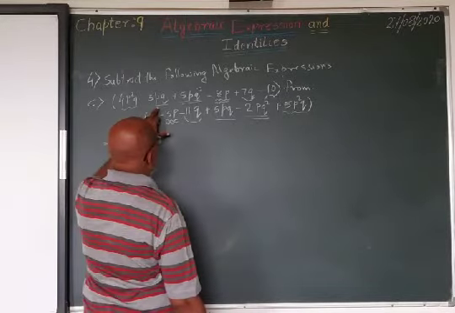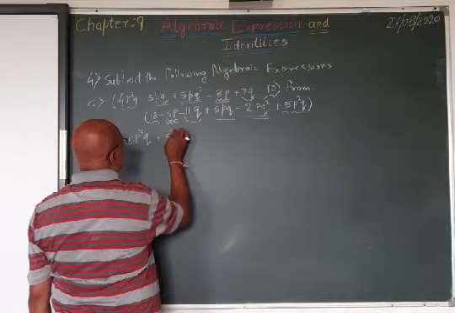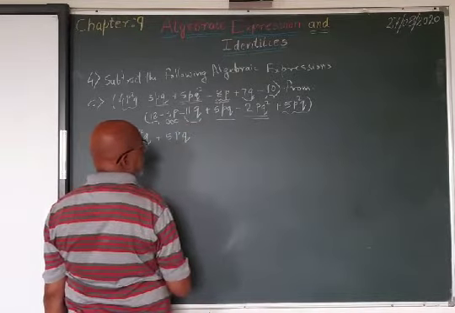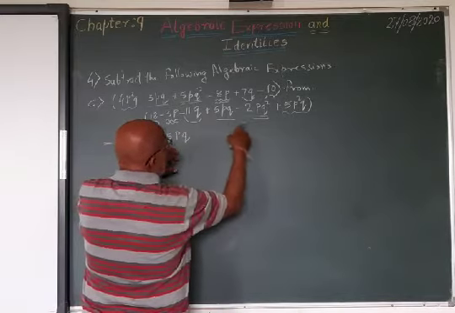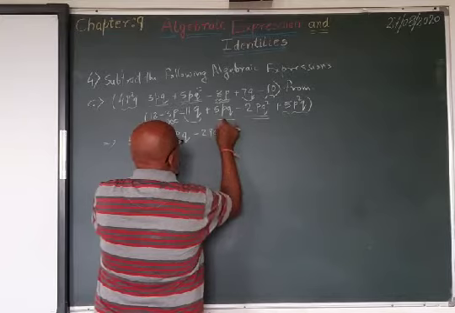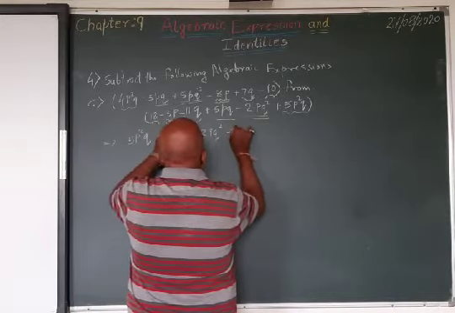Now here the second one is a plain one, so plus 5pq. There is a double line: minus 2pq square. Then minus 3p.